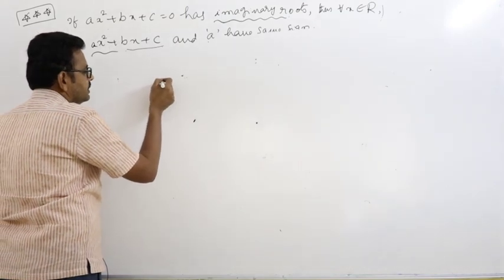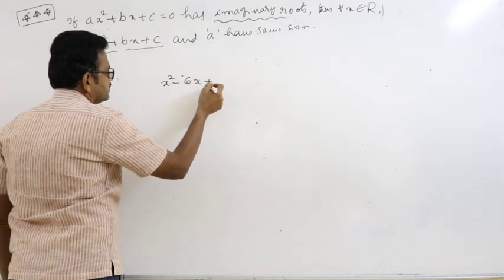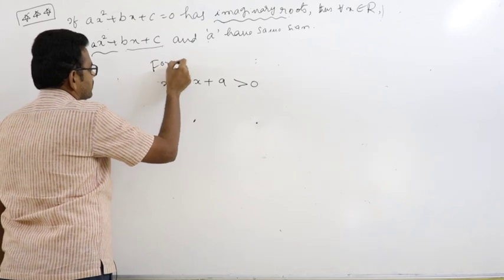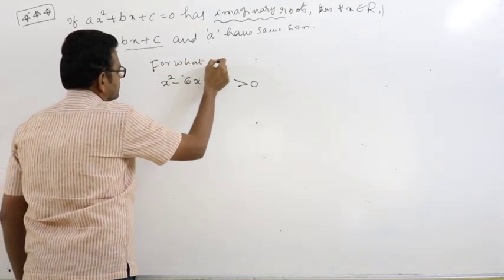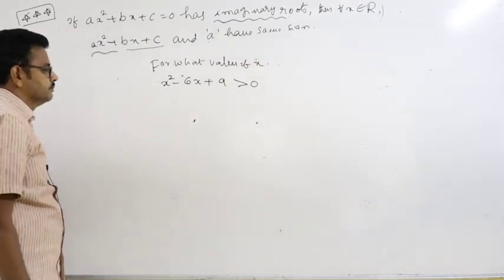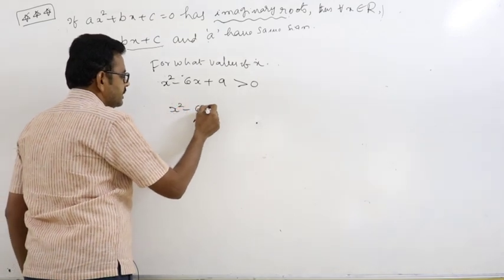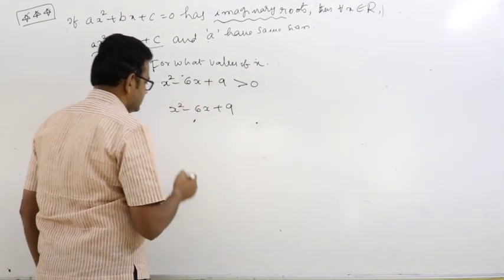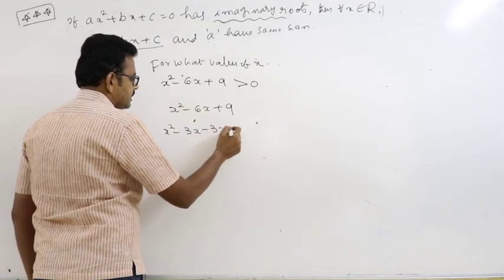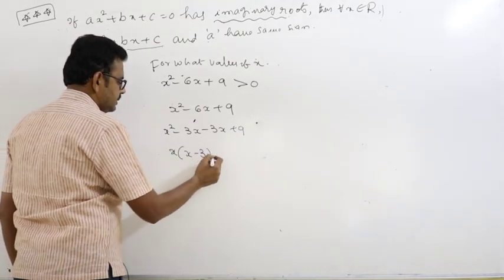Next, for what values of x is x square minus 6x plus 9 greater than 0? So you get the factors x square minus 3x minus 3x plus 9. x common, x minus 3.